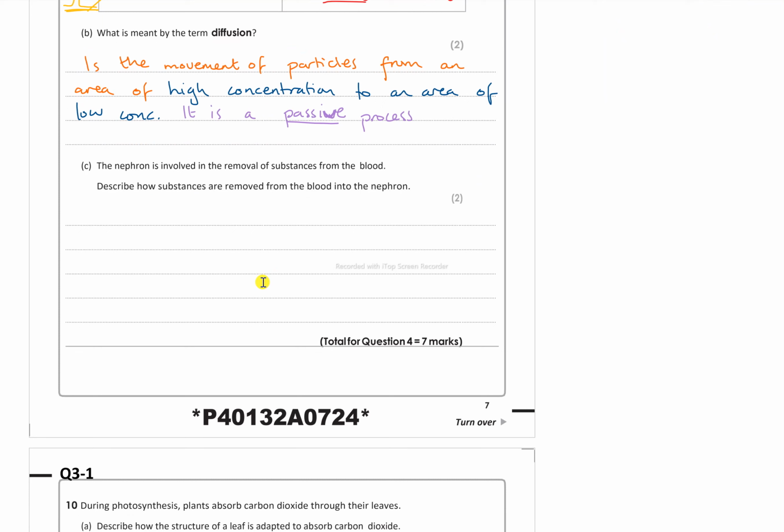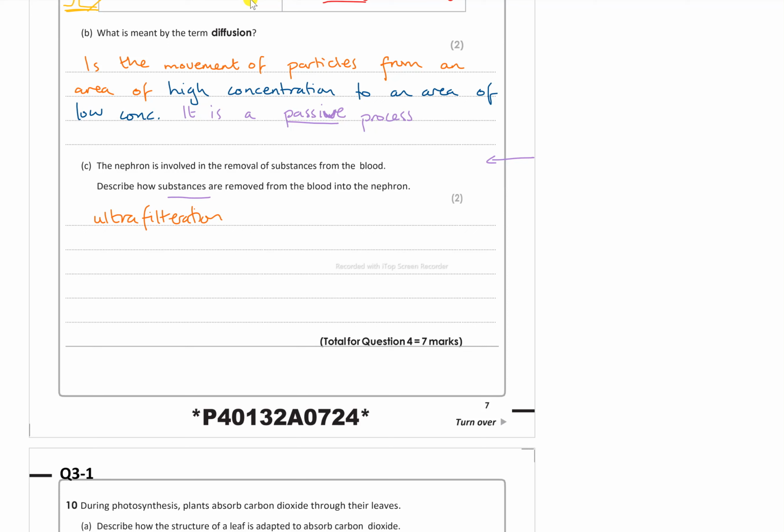A nephron is involved in the removal of substances from the blood. Describe how the substances are removed. Right, this is not for double science, so you can ignore this if you're not doing this. So how do you remove stuff from the blood into the nephron? It's a process called ultrafiltration.